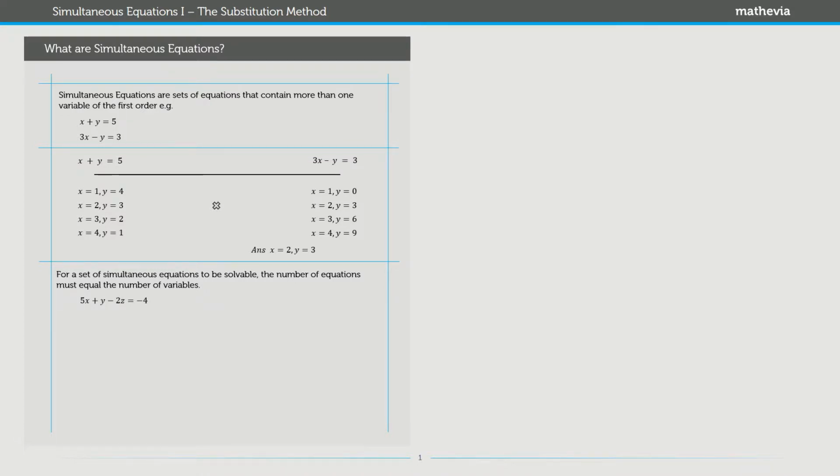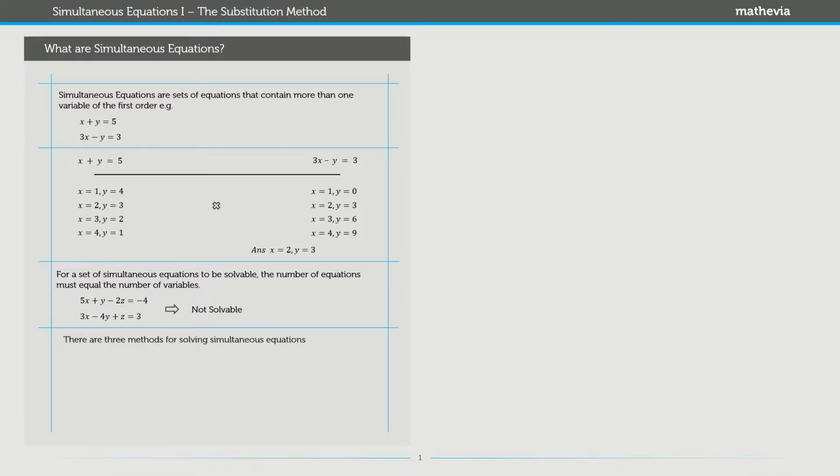If you're given three variables but only two equations, this is not solvable. You cannot solve for the values here. So the number of variables must equal the number of equations in the set for it to be solvable.